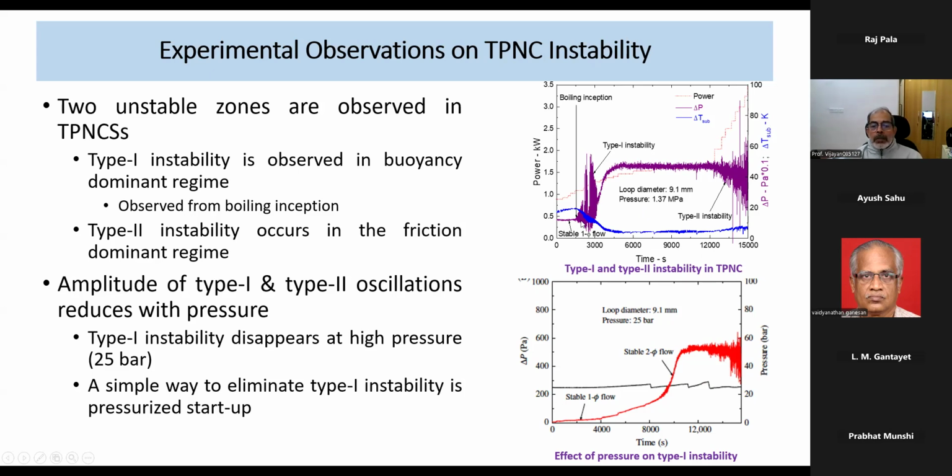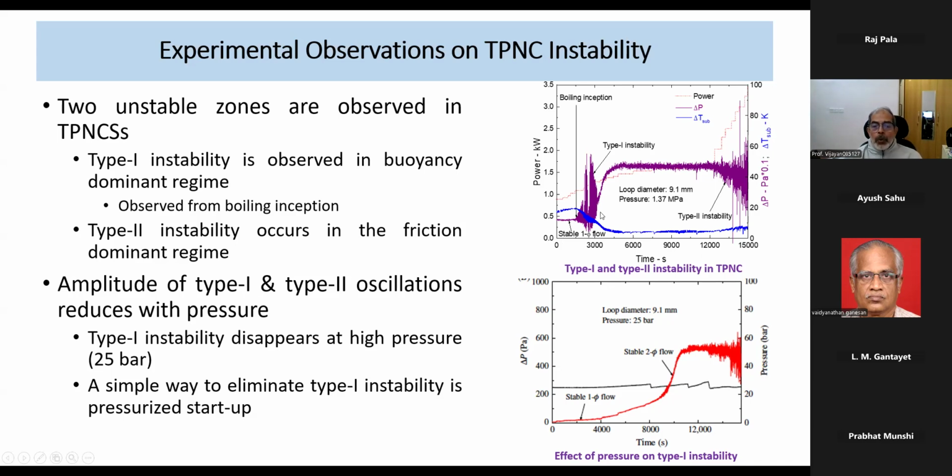Now, type 1 is actually occurring in the buoyancy dominant region, and it is observed right from boiling inception, when the first bubbles start forming. Whereas type 2 instability is occurring in the friction dominant region, where the flow rate decreases with increase in power. This is the power increase we are showing.